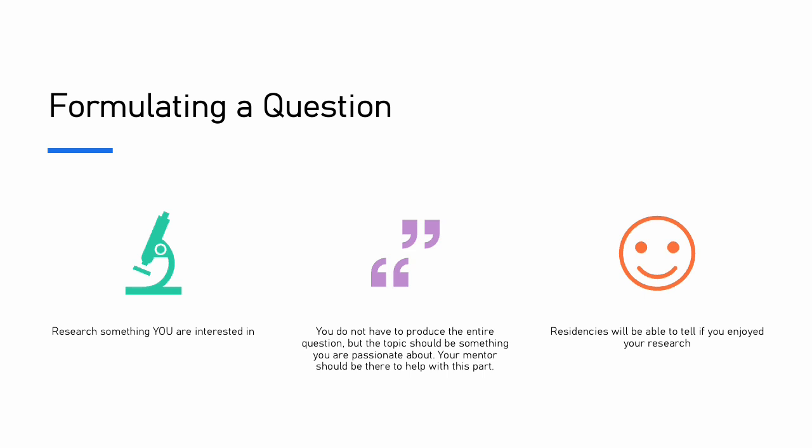And if you end up spending months on a research project that you really aren't interested in, when you talk about these projects in your residency interviews, they are going to be able to tell that you didn't actually like what you were researching and you were just trying to do it to get a research experience, which does not look great.